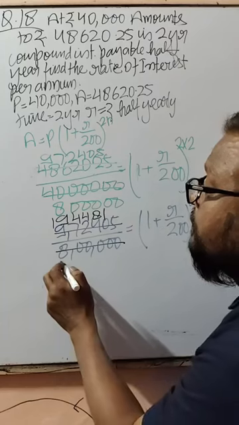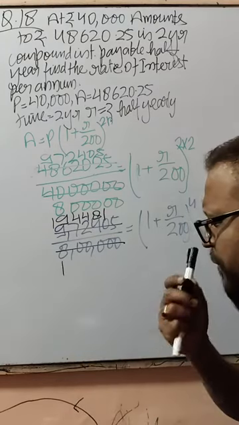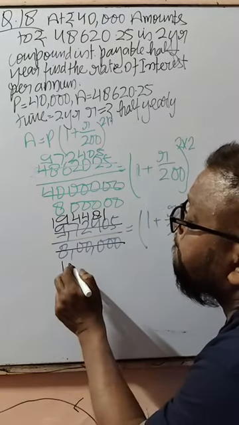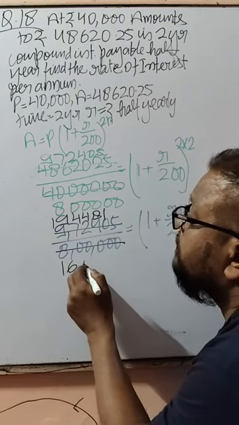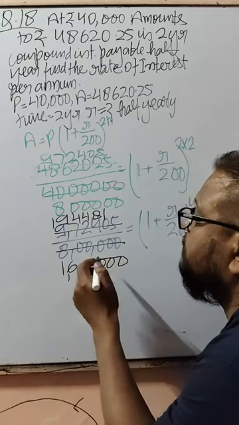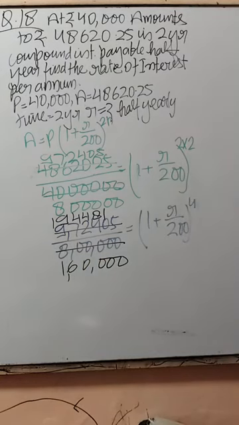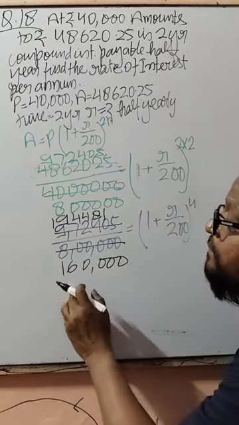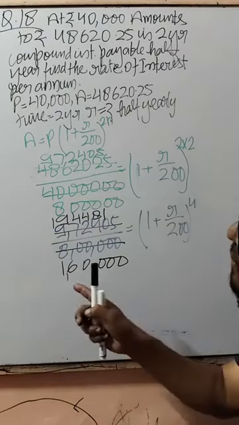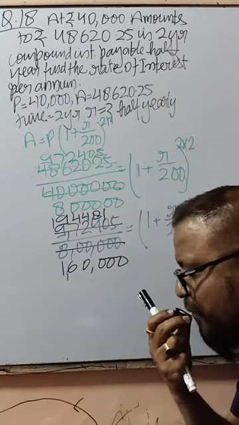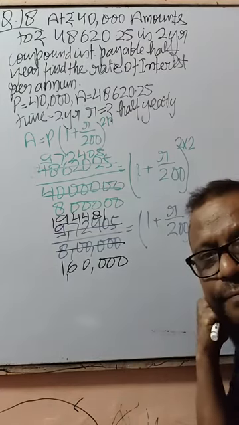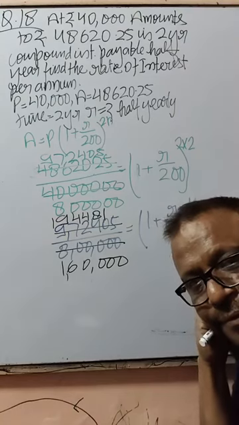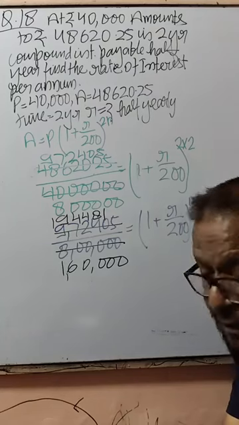If we write this, 20 raised to the power 4. So we get 1,60,000, right?